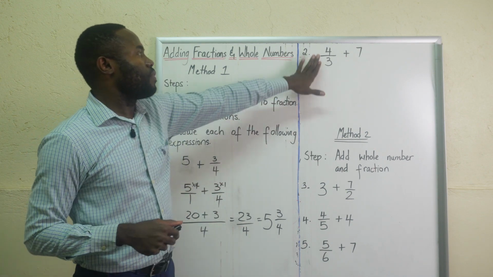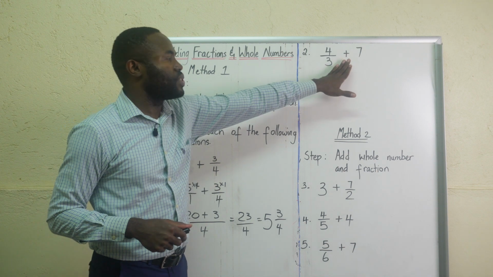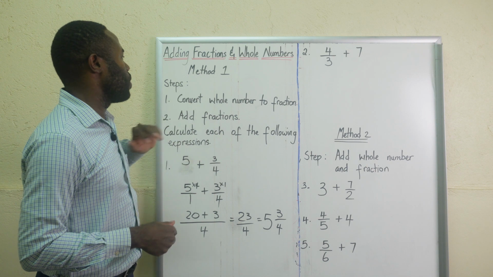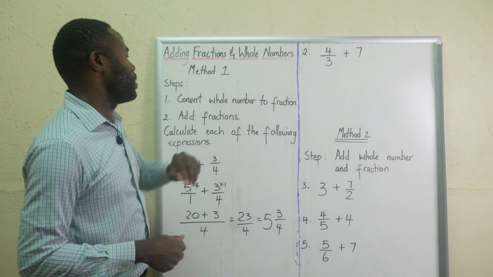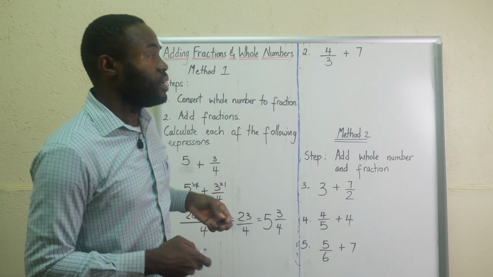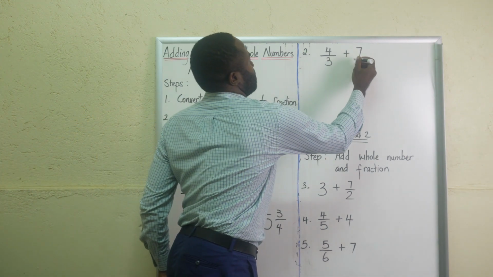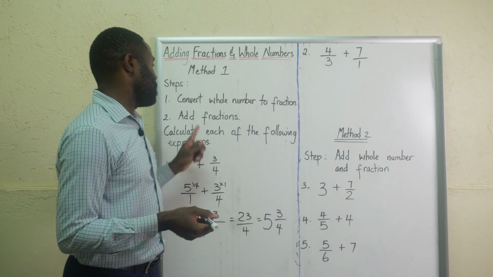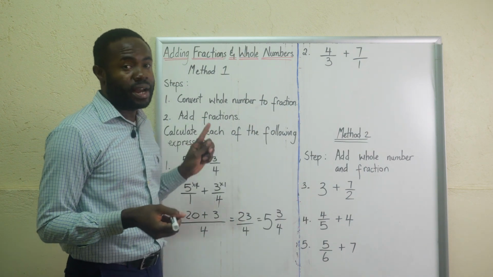Now guys, we have 3 upon 4 plus 7. All right. Again, under method 1, we're going to convert our whole number to a fraction. Our whole number right here is 7. So we can simply convert that to a fraction by dividing by 1. So now we have two fractions. When we have two fractions, now we can add them.